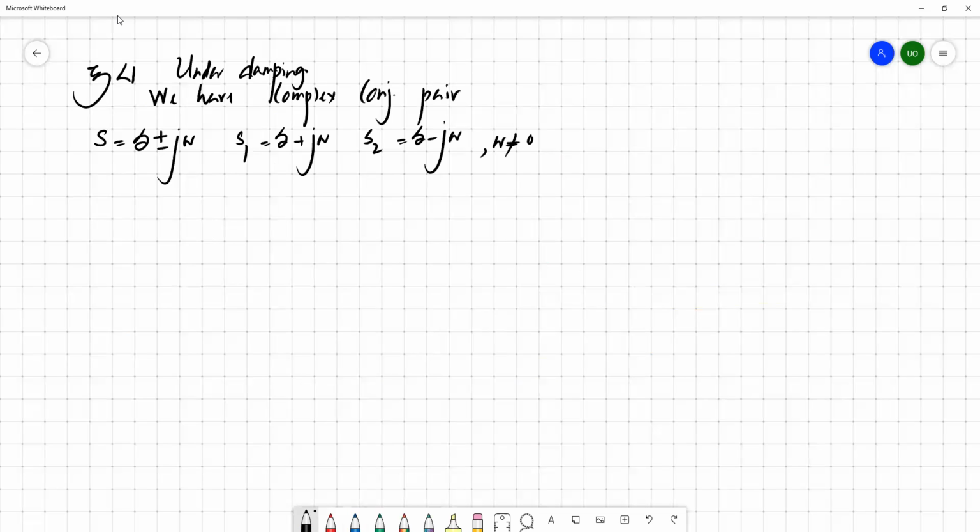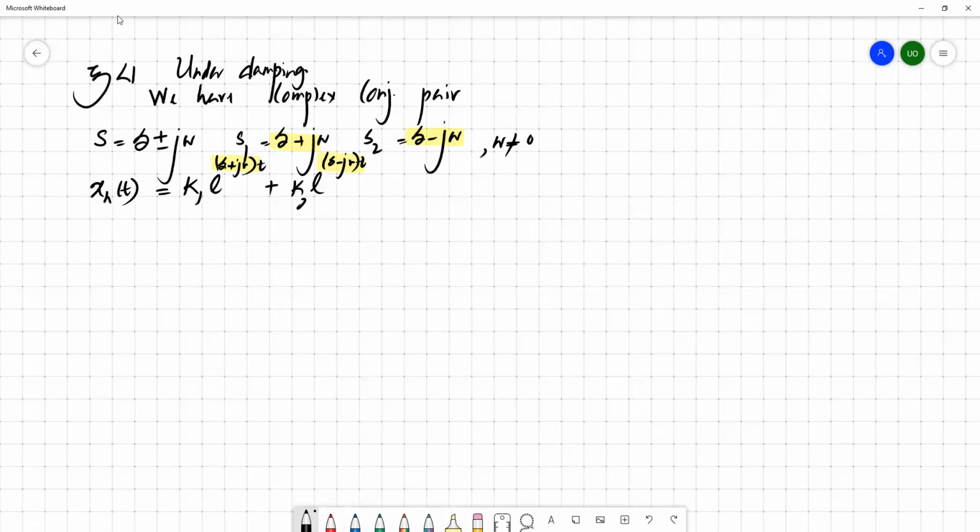Now we'll plug into the general response and see whether we can do a simplification. So k1 e to the power sigma plus j omega t plus k2 e to the power sigma minus j omega t. We just plug these two roots into the response.